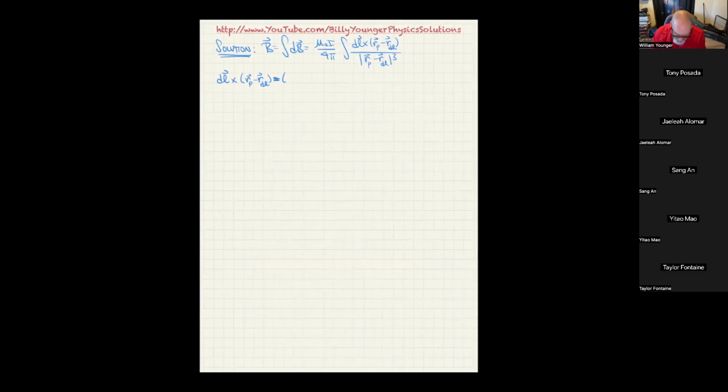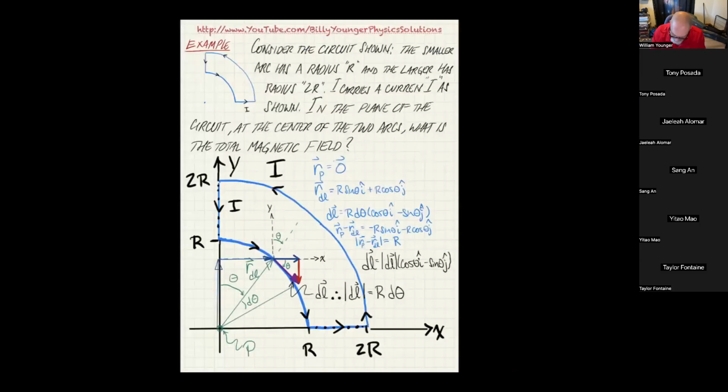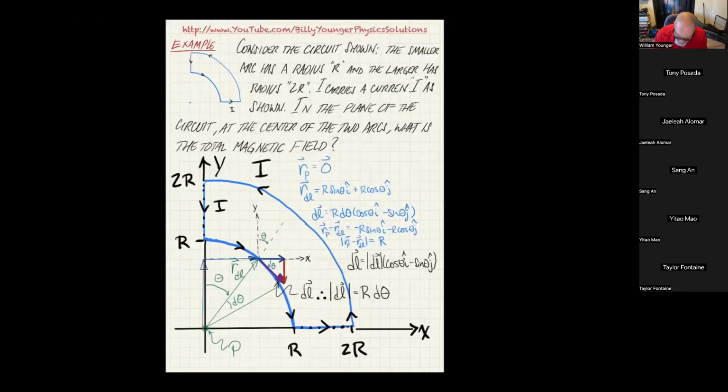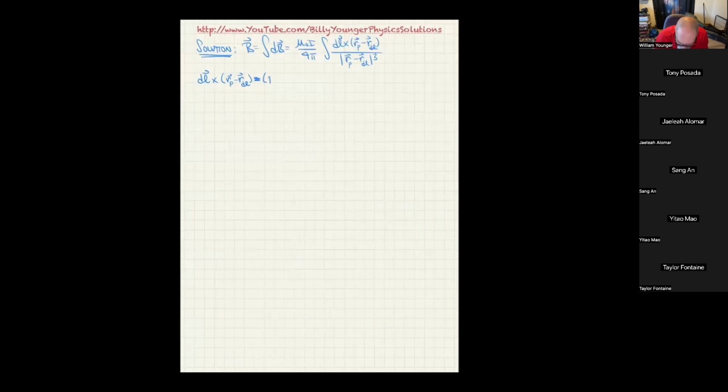So I'm going to copy my DL vector, which if you remember was R d theta times cosine theta i hat minus sine theta j hat. And then I'll close off my square bracket and I'll put a cross product.